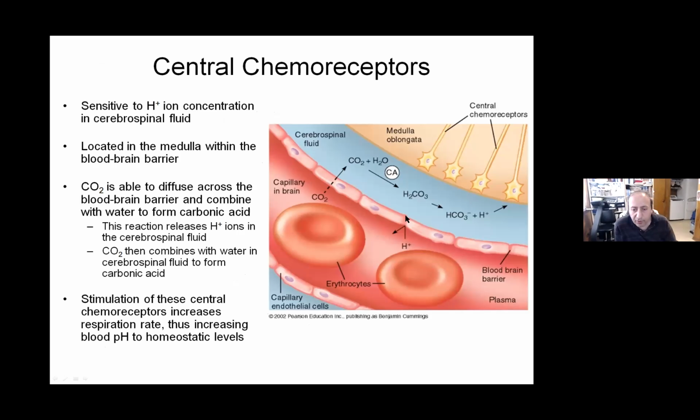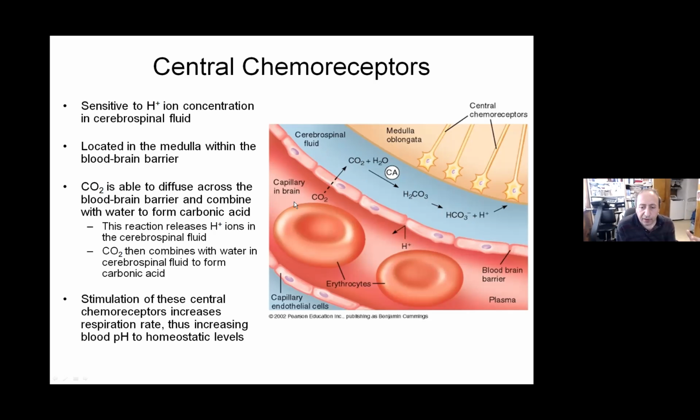An increase in CO2 will lead to a chemical reaction where CO2 combines with water, and there's an enzyme, I think carbonic anhydrase, I don't remember the enzyme, but this enzyme will convert CO2 into bicarbonate, and a lot of protons are released in the process, and these protons will activate the central chemoreceptor.